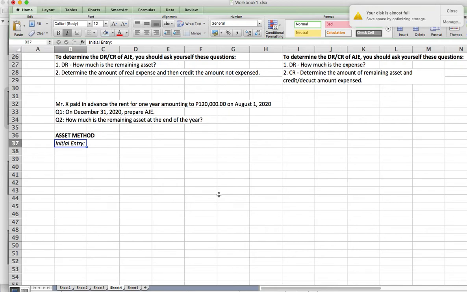Baka tanungin lang kayo, dapat alam nyo. Initial entry is prepaid. Di ba, pag sinabing asset method, the entire prepayment is debited to asset. So, prepaid rent. Debit prepaid rent amounting to 120,000 pesos.